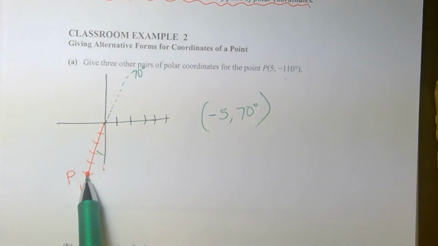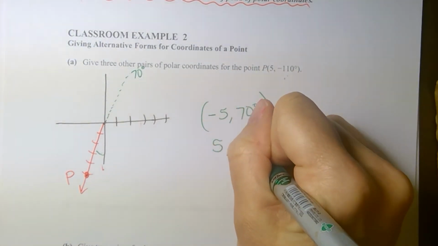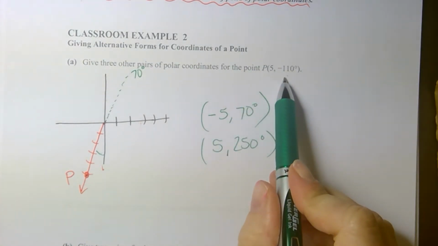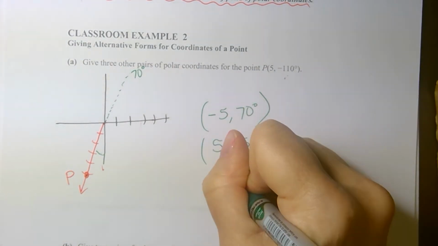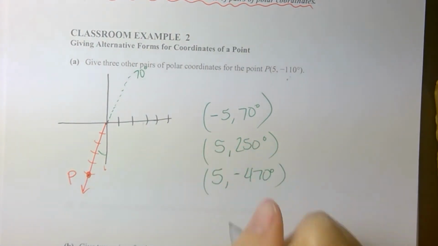I could stick with positive 5. And I could add 360. So 360 plus 110 would put me at (5, 250°). Or I could stick with that and subtract 360, which would put me at (5, -470°).